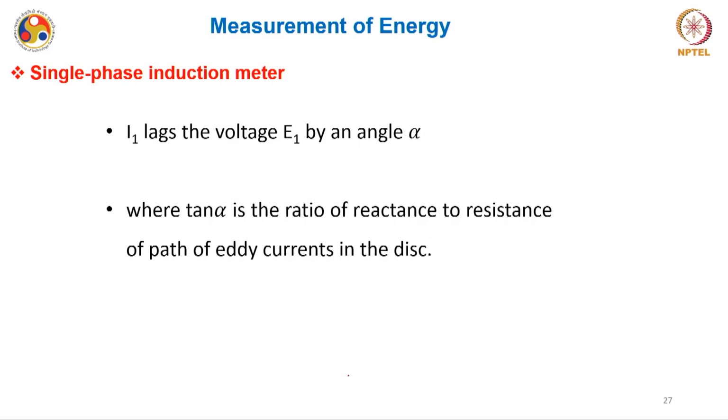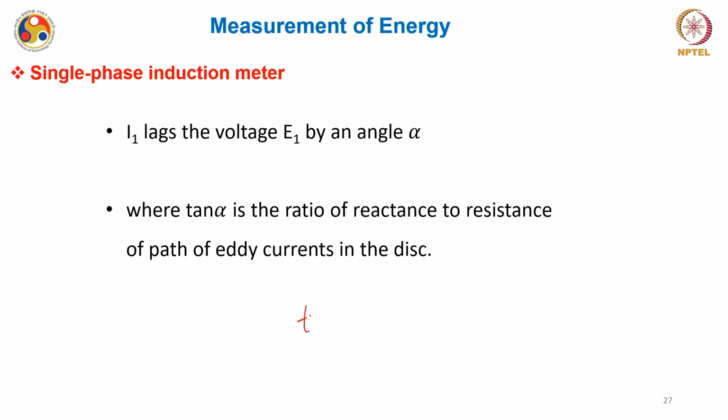Now I1 lags the voltage E1 by a certain angle, say angle alpha, which will be obvious, because we have seen that E1 was lagging the flux phi 1, and therefore I1, which is induced because of the flux, will again be lagging behind E1. It is not 90, it is a certain angle alpha. Now if we talk about tan alpha, tan alpha will be the ratio of the reactance to the resistance of the path of the eddy current in the disc.